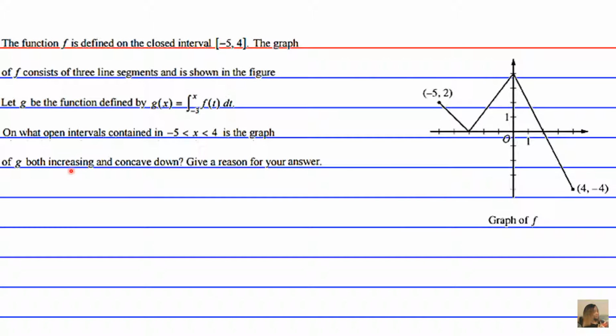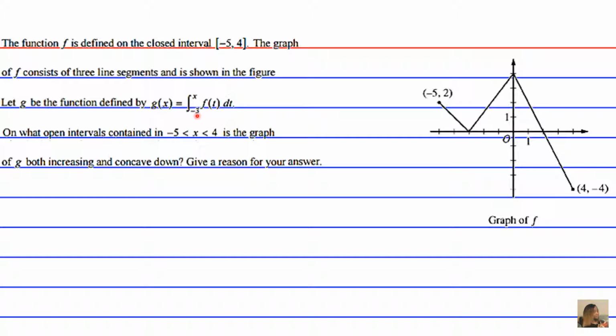In an effort to establish which intervals are increasing and concave down, we're going to have to find g prime of x. And in order to find g prime of x, we're going to have to pull one main trick out of our bag of goodies, and that's the good old fundamental theorem of calculus.